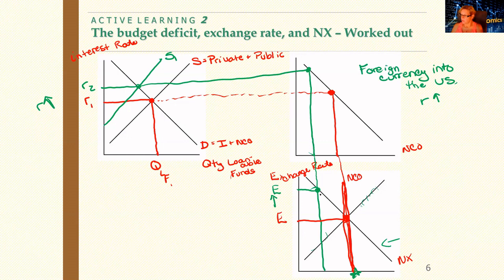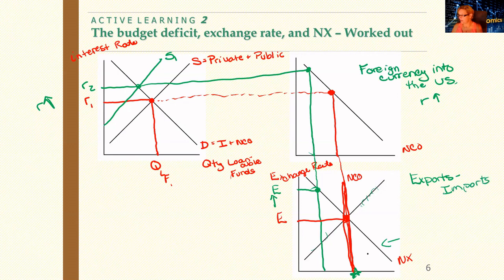Well, think about it this way, because we're appreciating, US goods become more expensive relative to other goods. Remember, net exports are exports minus imports.